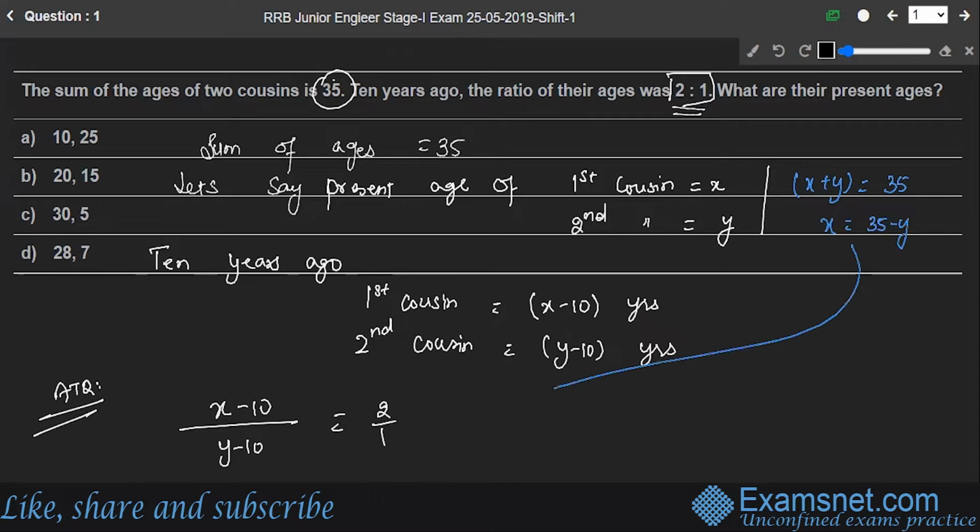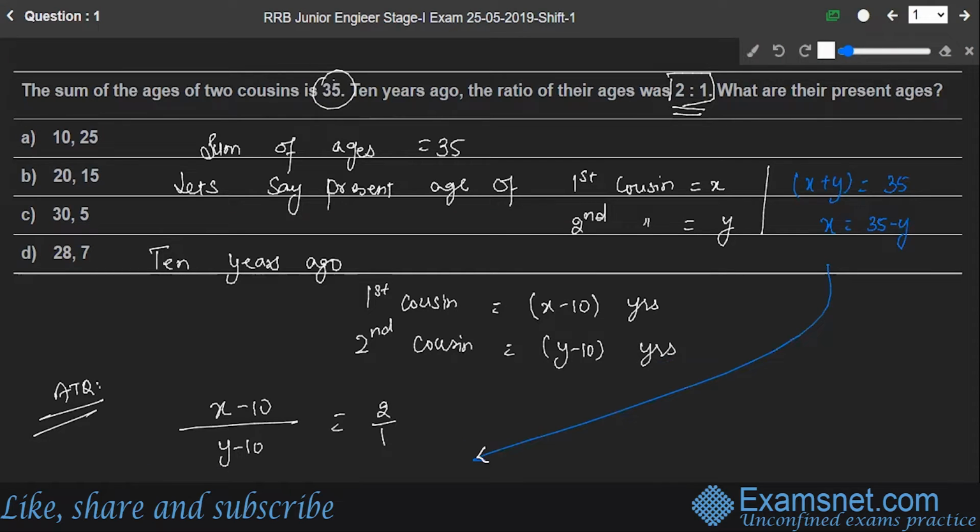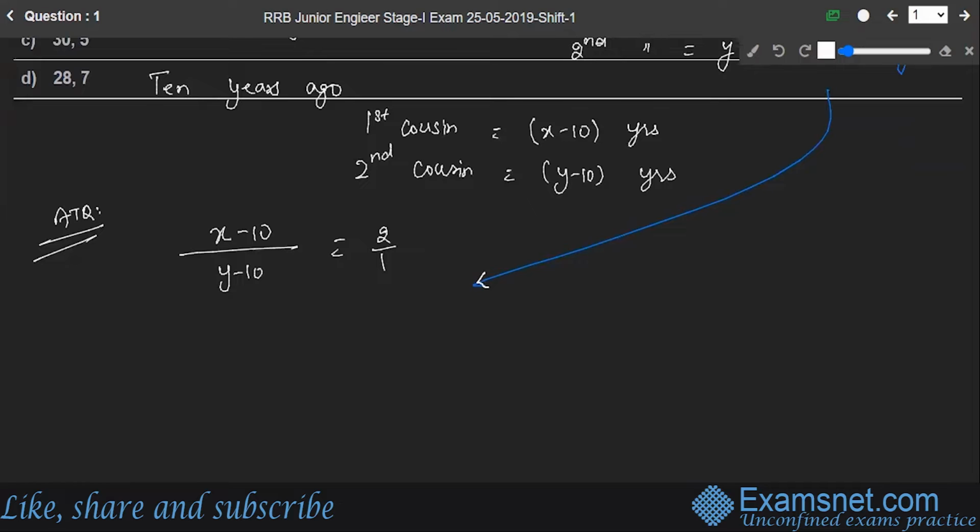Let's fill this into the equation. So you have x equal to 35 minus y, so (35 minus y minus 10) upon (y minus 10) is equal to 2/1.